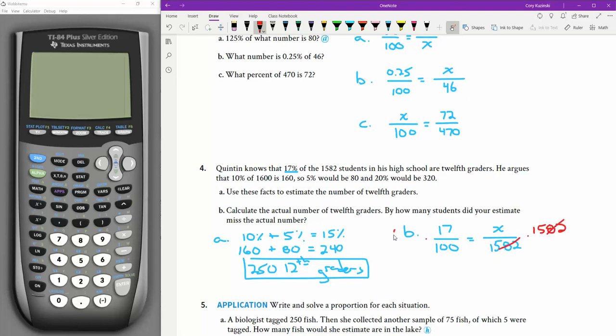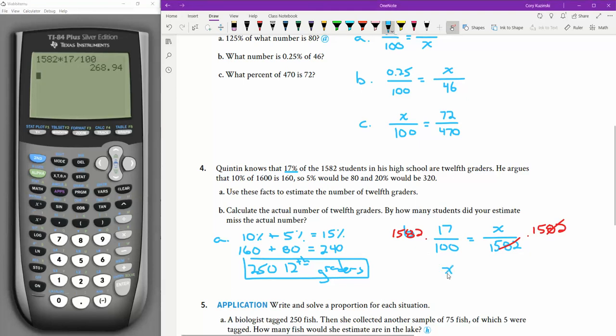So over here, I'll multiply by 1,582. What does that give me? Using my calculator. 1,582 times 17 divided by 100. That's what the left side of that equation says. 268.94.